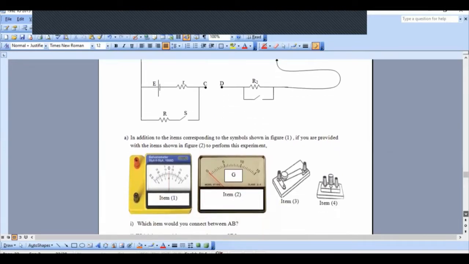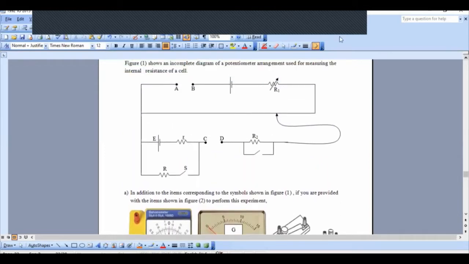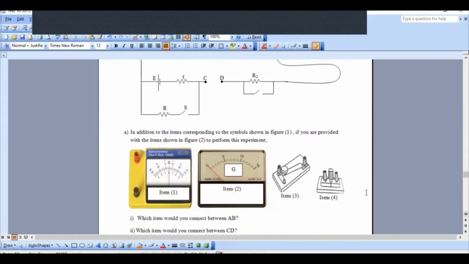So they have given these 4 items. Which item would you connect in between A and B? What's the thing that we connect in A and B? In A and B, we should connect a switch. There are 2 switches. Which switch is more suitable? Item number 3 or item number 4?